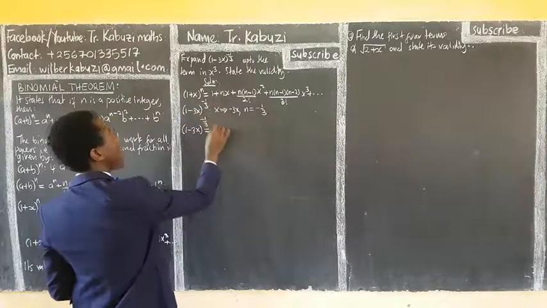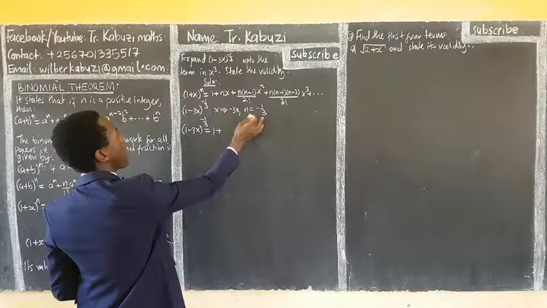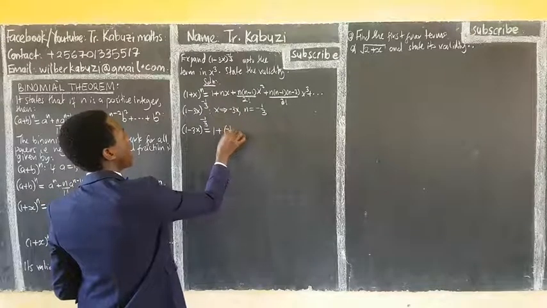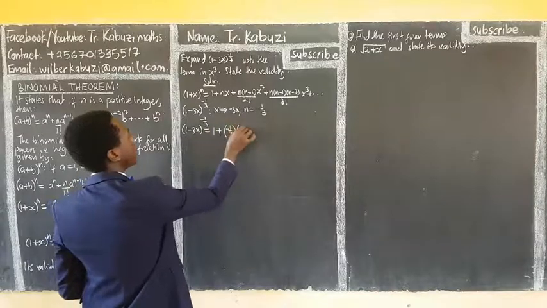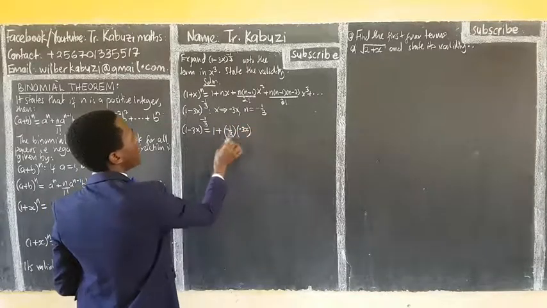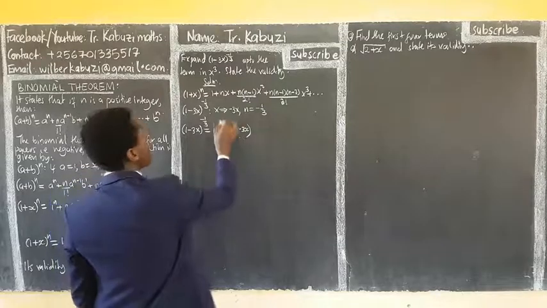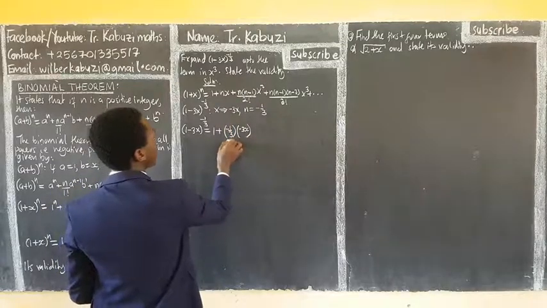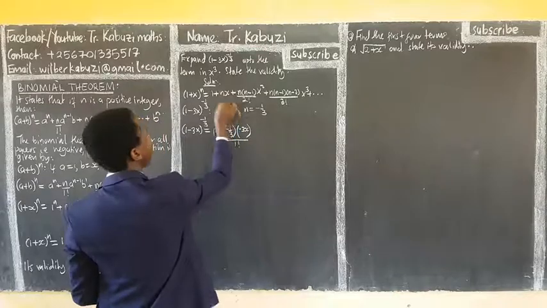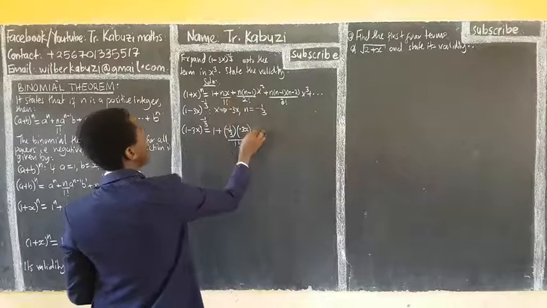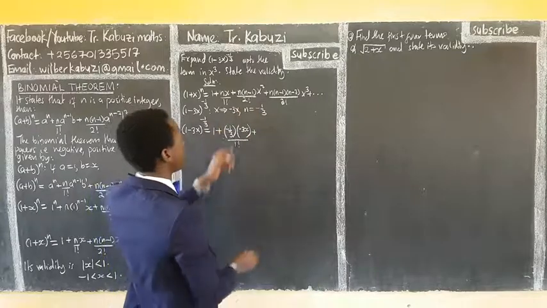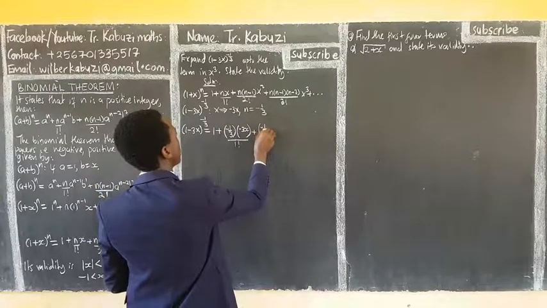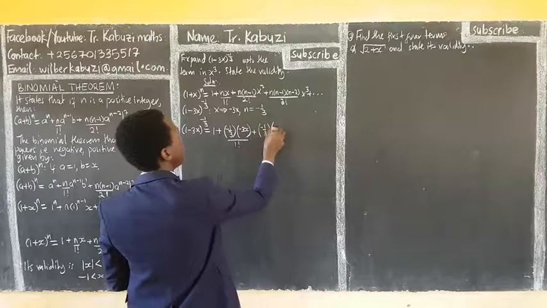So when I put in this formula, I have 1 plus my n is negative one third, then my x is negative 3x over 1 factorial. Then plus my n from here is negative one third. Then the n, we subtract a 1.